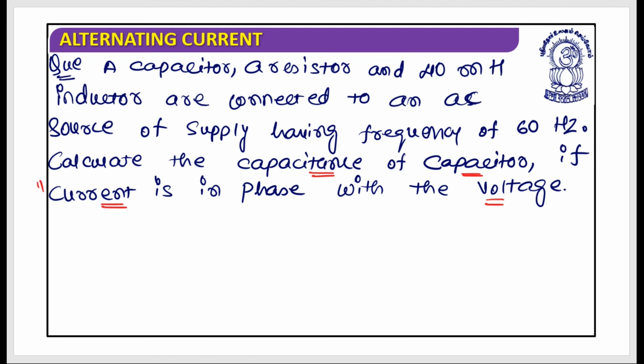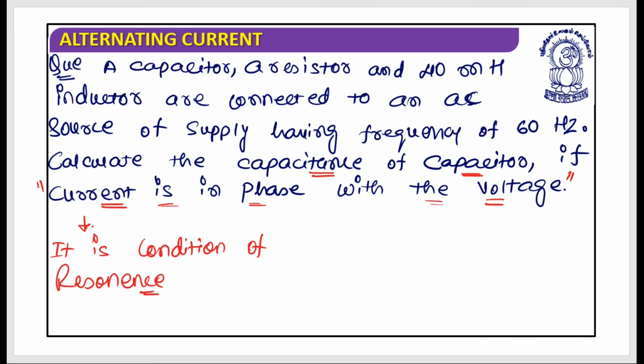So what does it mean, current is in phase with the voltage? Basically, it is a condition of resonance. When resonance is achieved, current is in the same phase with the voltage. So I can write XL is equal to XC.